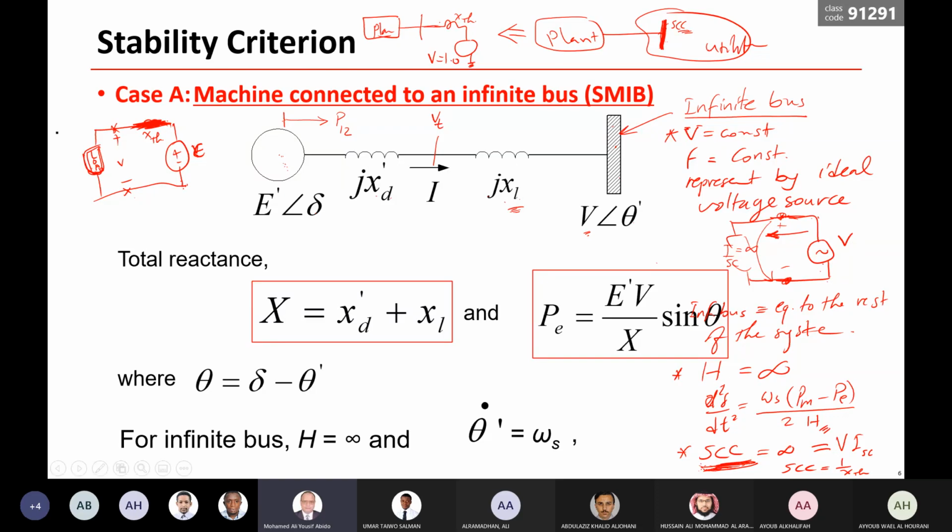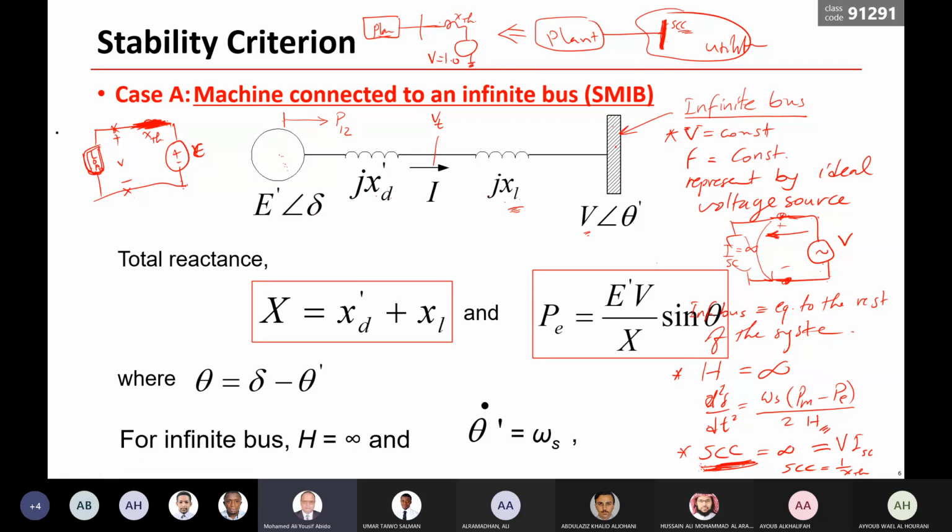So the base value of the voltage is different from one section to another if you have a transformer. Right, Ayub? Yes, doctor, right. So this voltage could be 1 per unit, could be 380 kilovolt or could be 69 kilovolt.